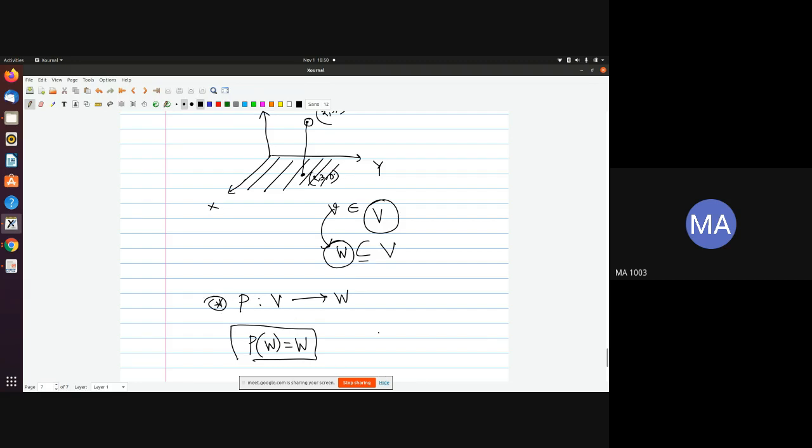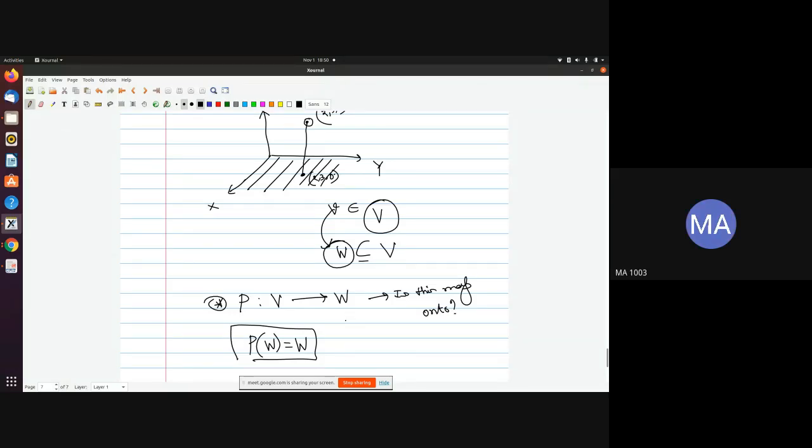And what about this map, is this map onto? Yes, sir, it is onto. Why? Because your codomain here is basically W, the range.